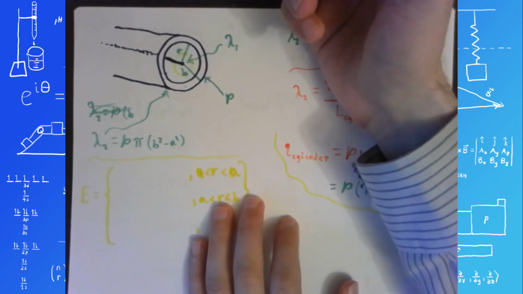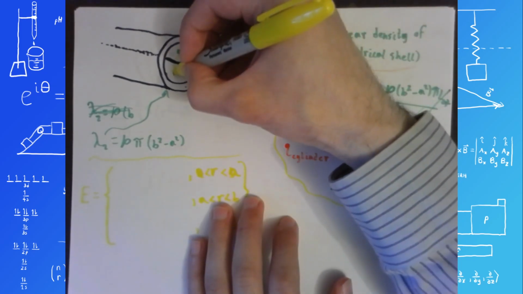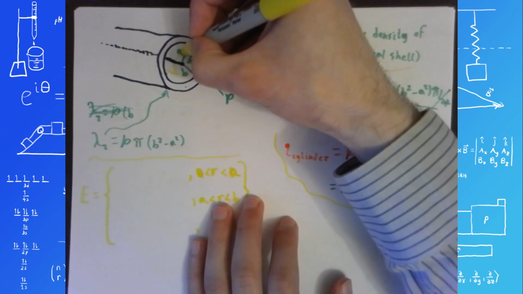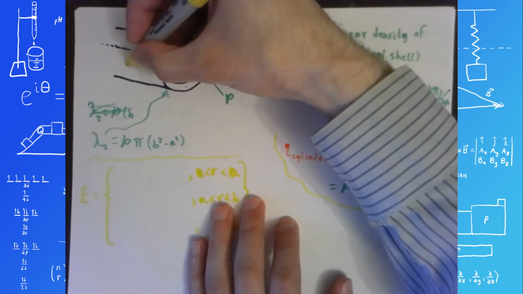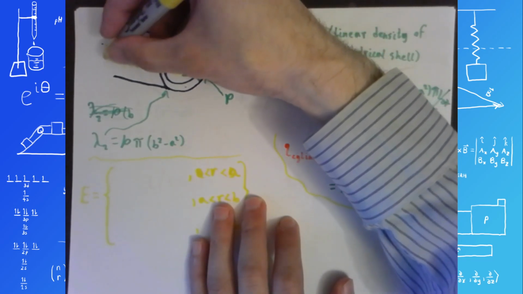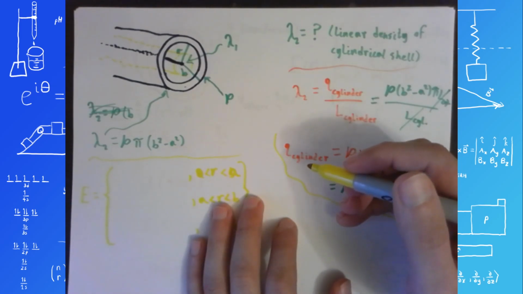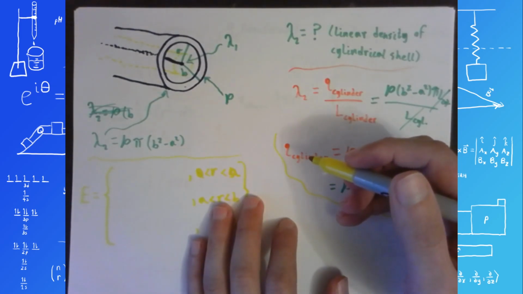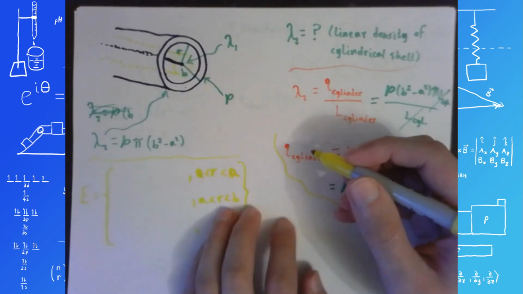If I draw a cylinder like that, whose radius is somewhere between 0 and A, and it just extends infinitely and wraps around the entire line of charge, any flux going through it is going to go through its side surface. It's not going to go through the base.